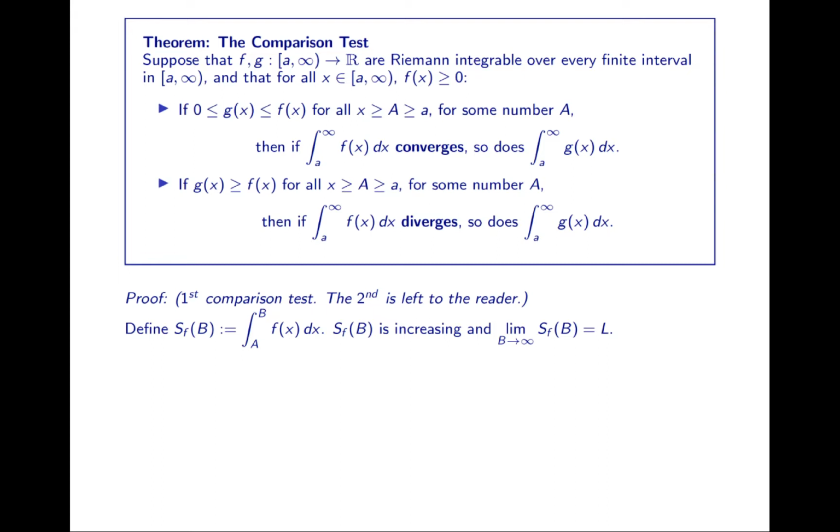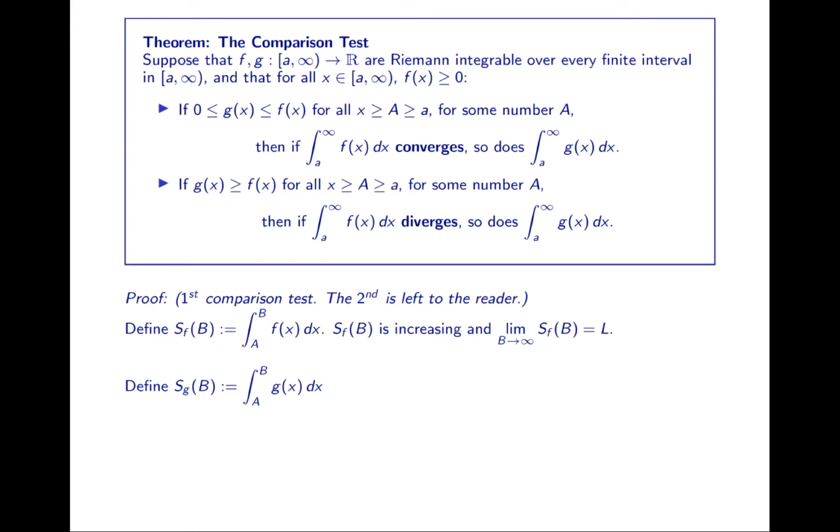Furthermore, in the first bullet, we're supposing that the integral from a to infinity of f converges. Well, the integral from a to infinity of f is just the limit as B goes to infinity, and that equals something. Let's call it L.